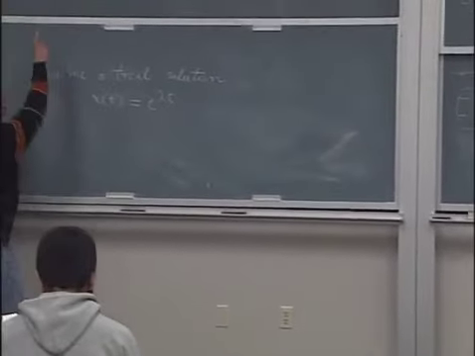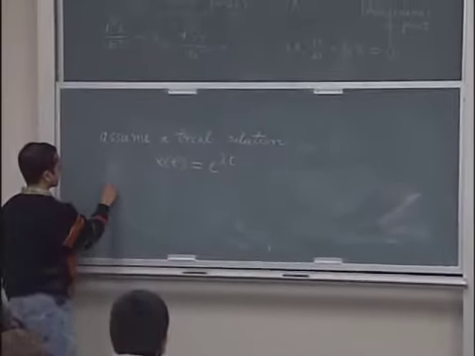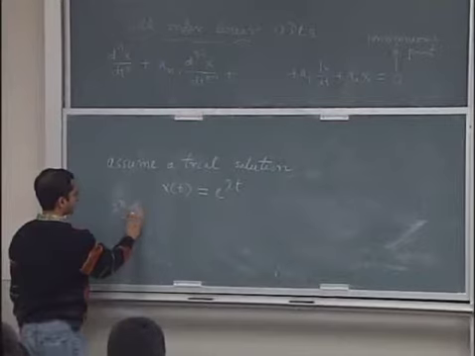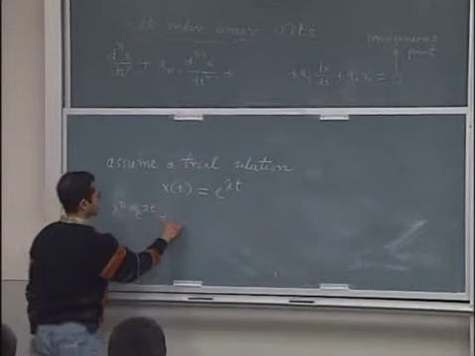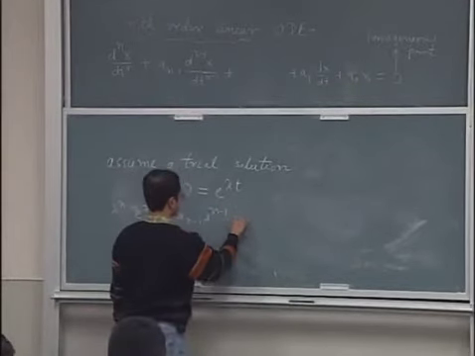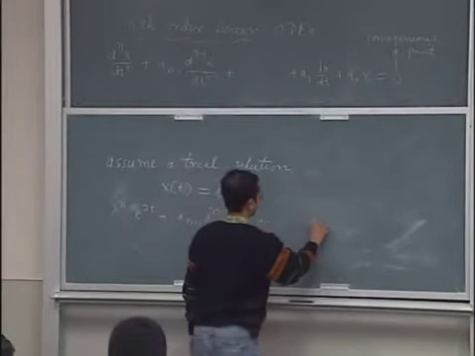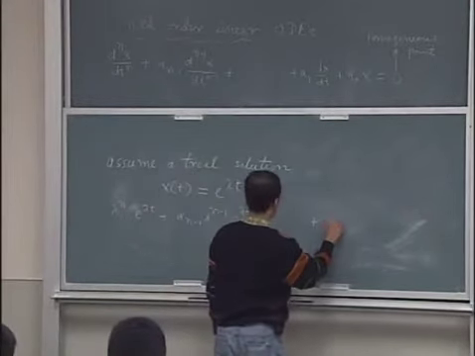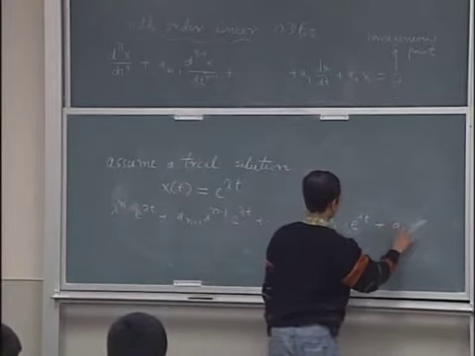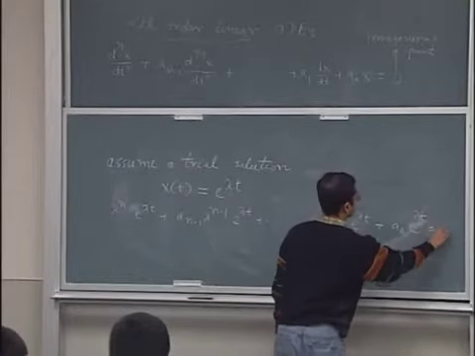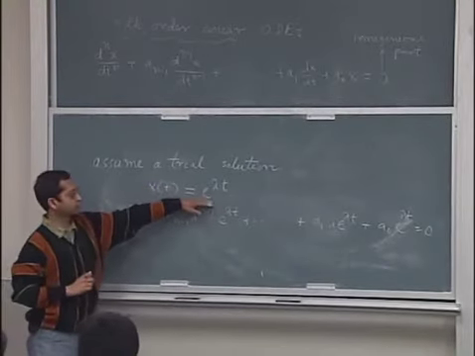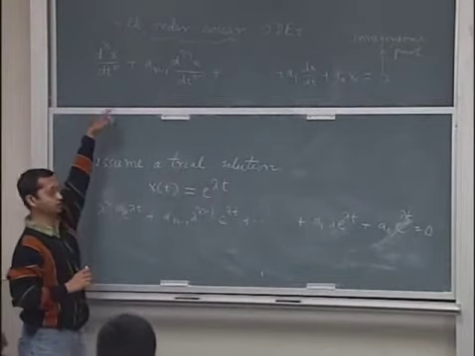So if I do that, if I plug that in the equation, I get lambda to the power n e to the power lambda t plus a n minus 1 lambda to the power n minus 1 e to the power lambda t plus a 1 lambda e to the power lambda t plus a 0 e to the power lambda t equals 0. Are you with me? So I took this solution and plugged it into the homogeneous equation.